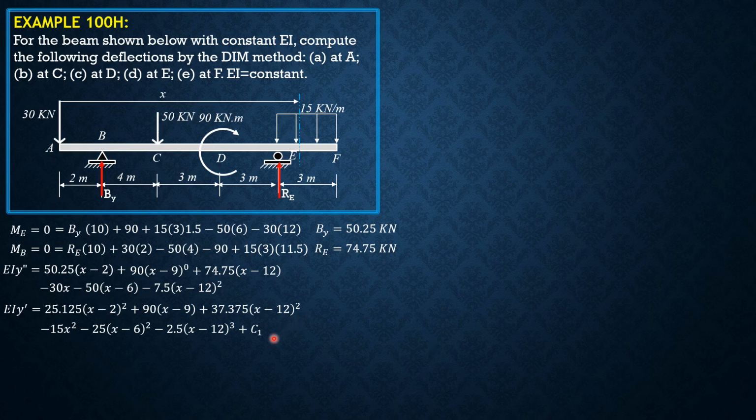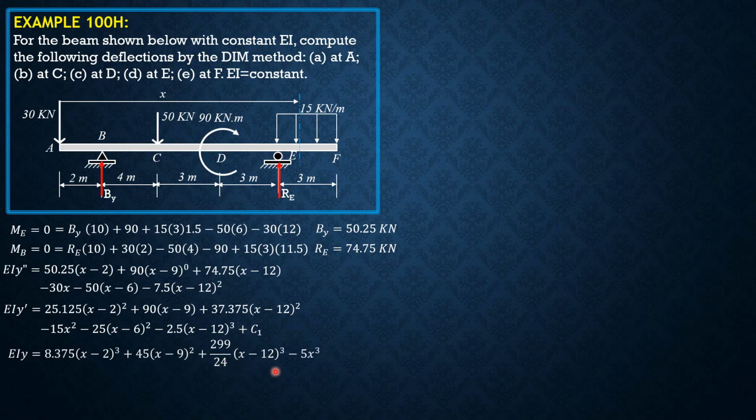So there is C sub 1 because A is not a support, it will definitely deflect. And remember, in the interpretation, C sub 1 is theta A and C sub 2 is delta A. Integrate again: 25.125 over 3 is 8.375 X minus 2 cubed plus 45 X minus 9 squared plus 299 over 24 X minus 12 cubed, since 37.375 over 3 is 299 over 24.